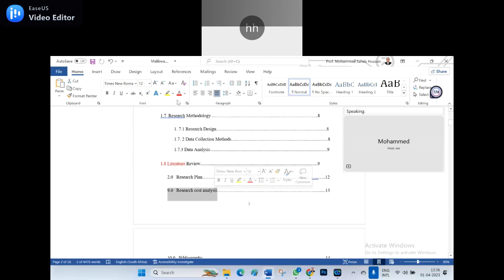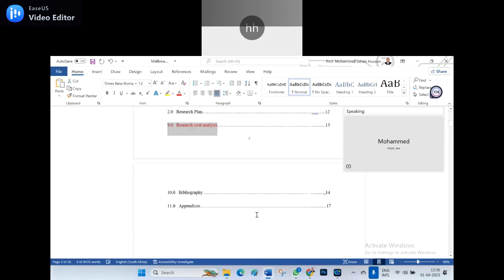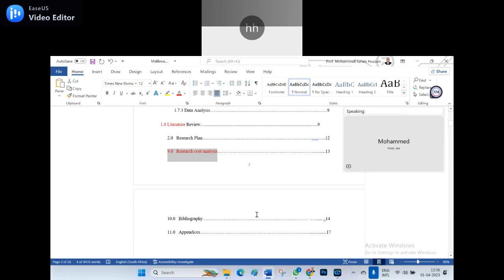This should be changed. Numbering should be changed. And bibliography, you need not number it. After the literature review, generally they will write limitation of the study. I don't know what is given in the format. I don't know whether you see it or not. Did you see it?